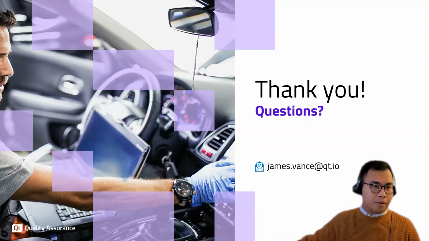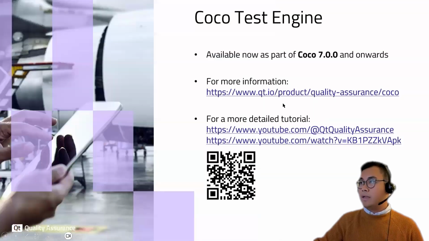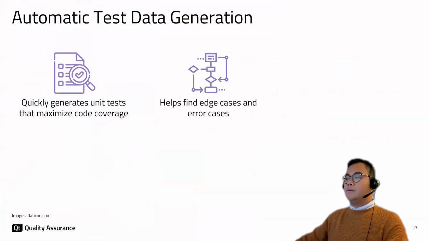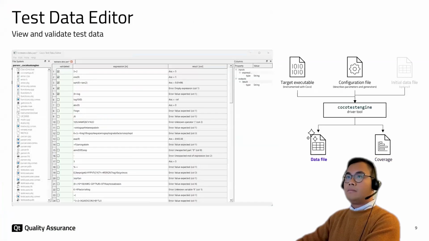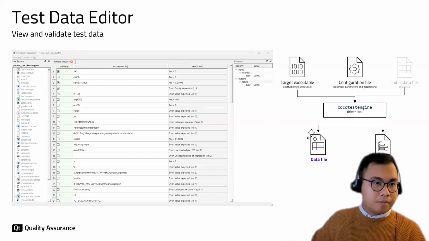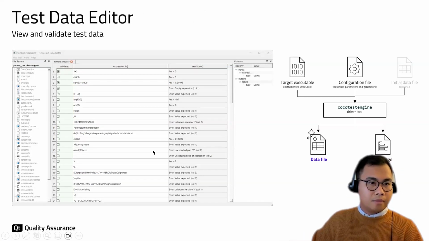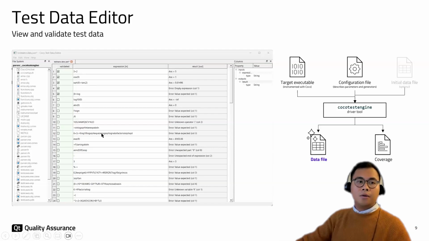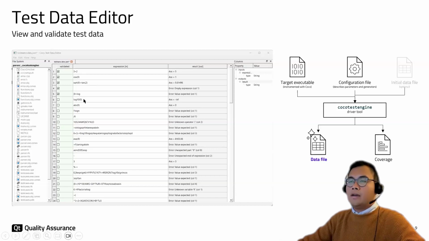Yeah, so the first question we have is, it is not clear how to make sure this input gives the right output data. Okay, let me try to elaborate on that. The inputs that we provide are inputs that were generated by Coco Test Engine.